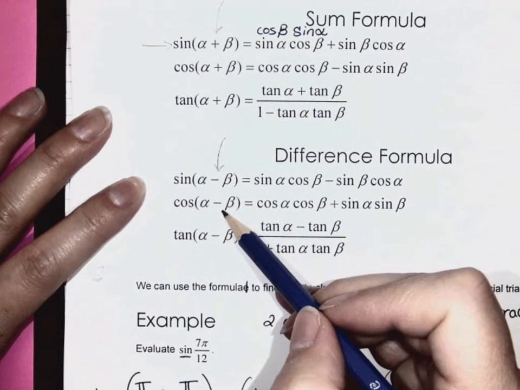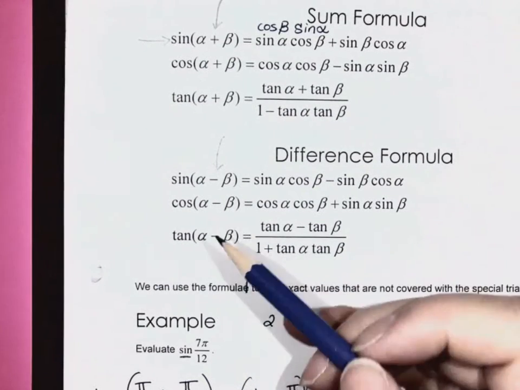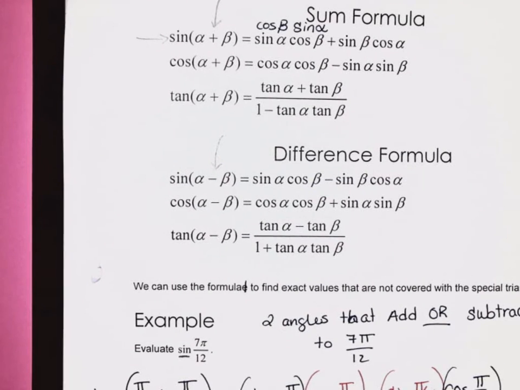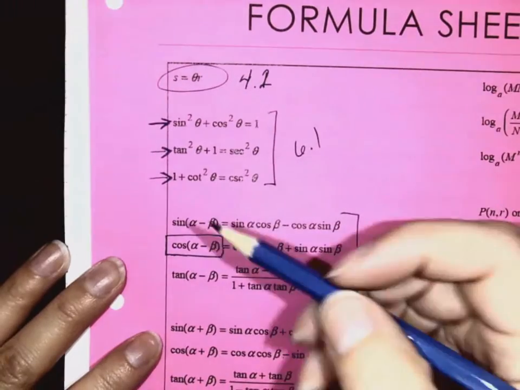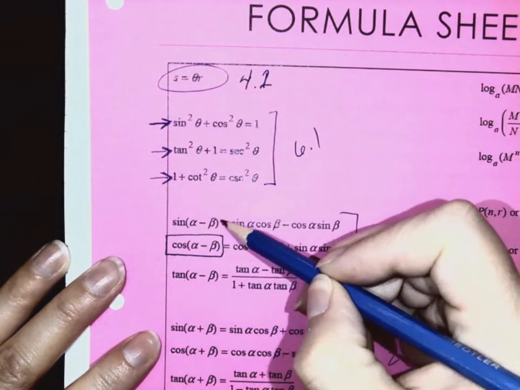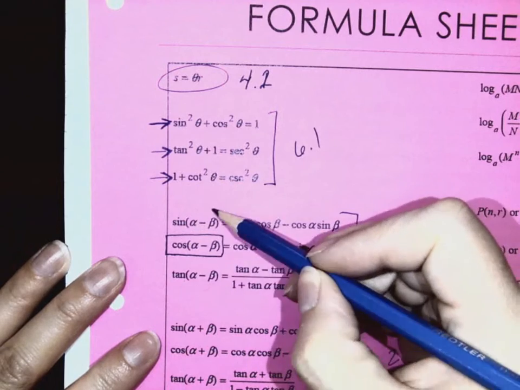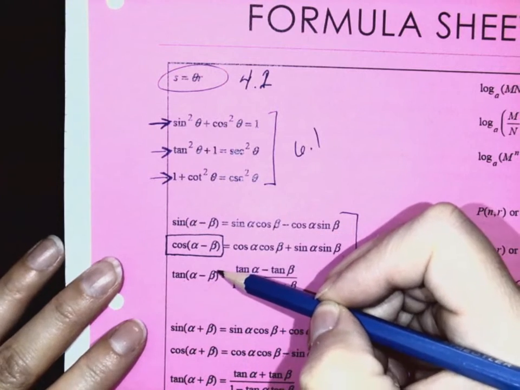We did a sum one for the sine one, because what did we do? We added those two angles together. So go to your formula sheet. What are you doing to these angles? Subtracting. So this is your differences.